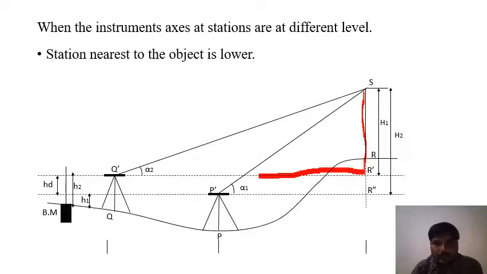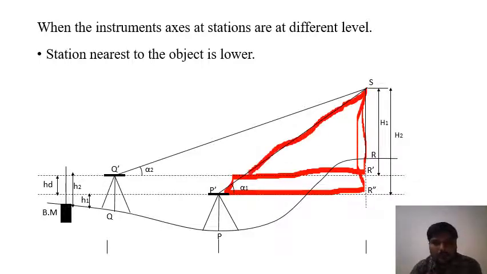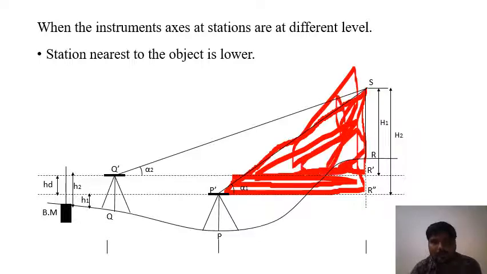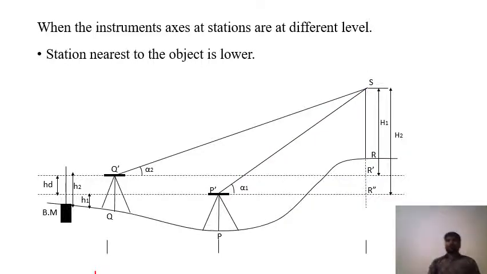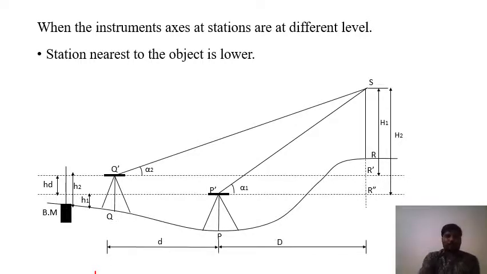These are the triangles we are talking about, the red marks. I'm not handy with it because I'm working with a mouse, so sorry about that. So this is the station nearest to the object. We have seen that this is the object and this is the station, and the nearest station is lower. So I have put everything in.